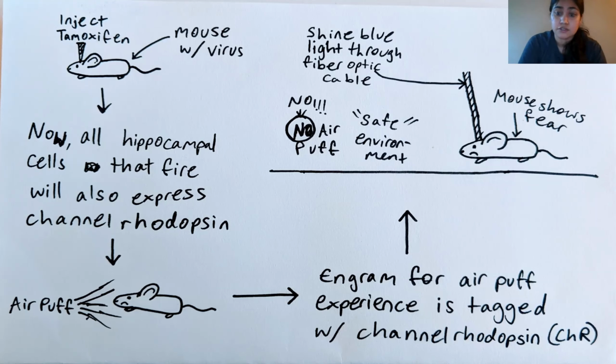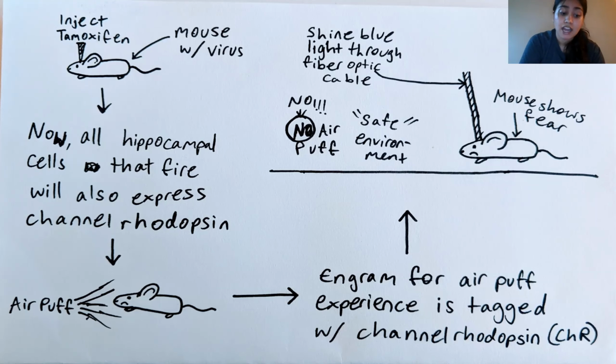So the next thing to do then is to, through a fiber optic cable that goes into the hippocampus of the mouse, see what happens by shining light on this engram in a different, safe, non-air puff context. And actually we see that when we shine light on the engram, then the light-gated ion channel proteins will open and positive ions will flood into the cell and cause them to fire again, triggering the experience or the memory again.